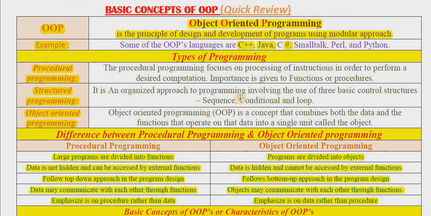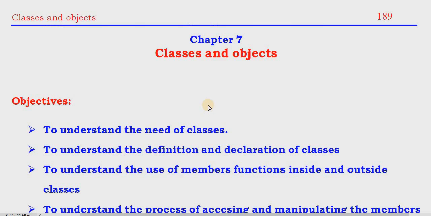Okay, so the next chapter is chapter number 7, classes and objects. This is a 6 marks chapter.